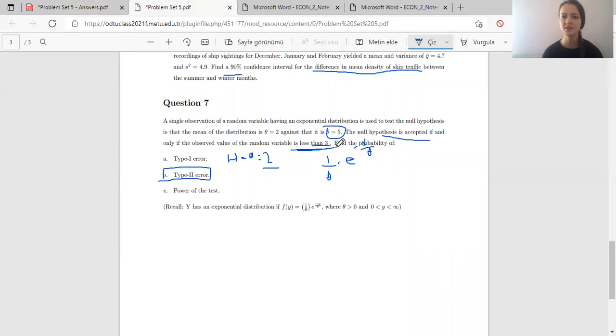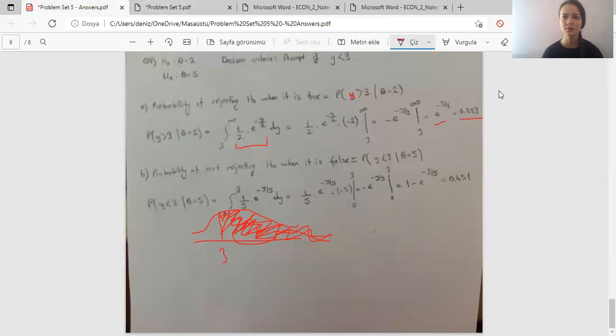So now we are setting the integral from 0 to 3. Here, we are trying to find this probability now, from 0 to 3, and we know that our null hypothesis is wrong. It is not theta equal to 2, it is actually 5. So instead of theta in the PDF, we are writing 5 now and calculating the probability by just taking the integral.